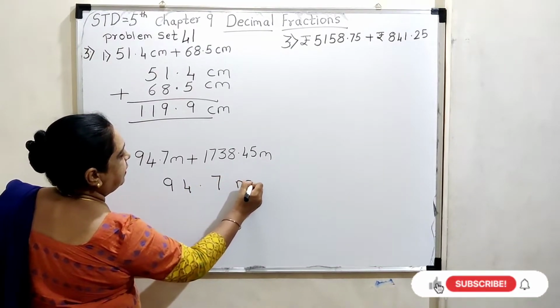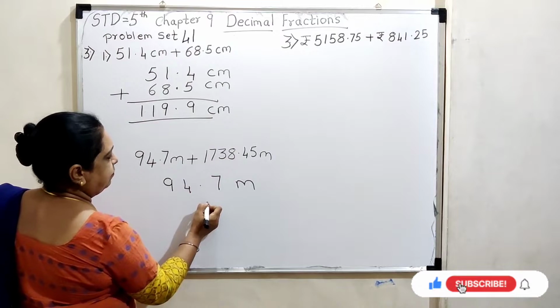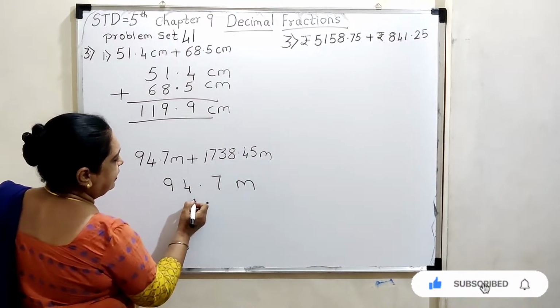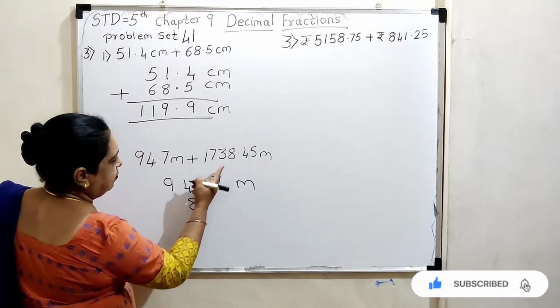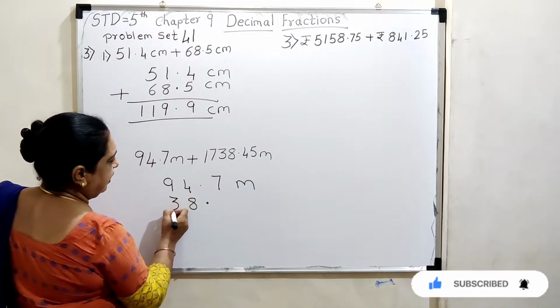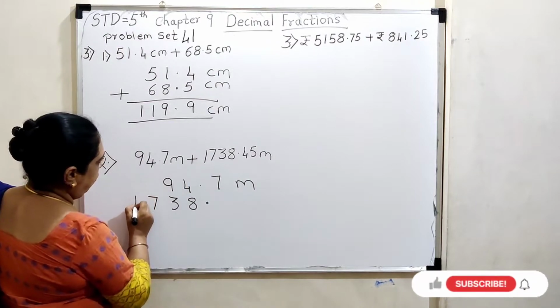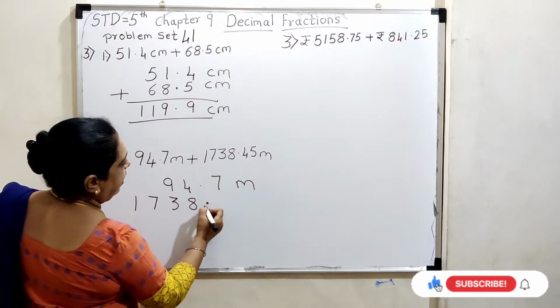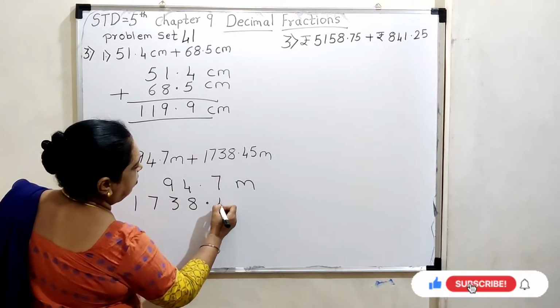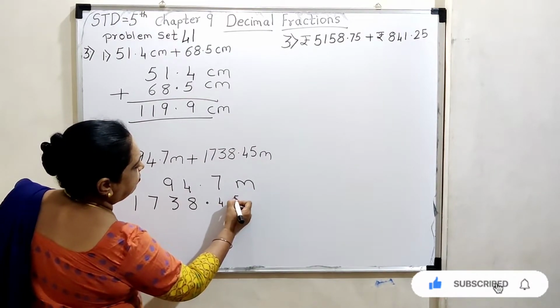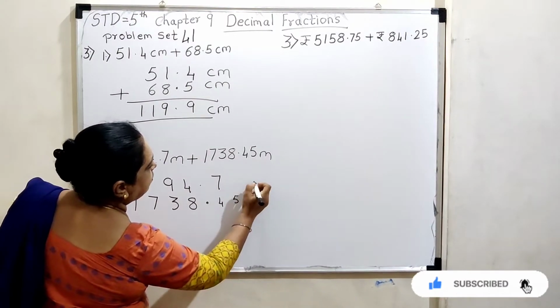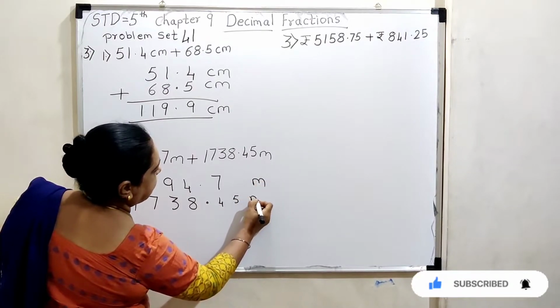Now, 94.7 meters. Again, put the point, before the point 8, before 8, 3, before 3, 7, and before 7, 1. And after the point, here it will come 4 and here it will come 5, meters.